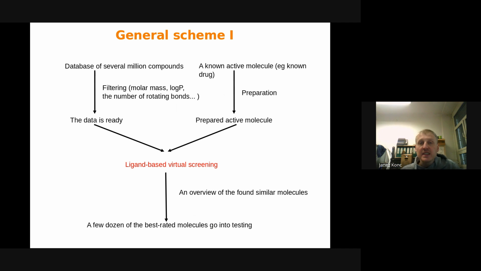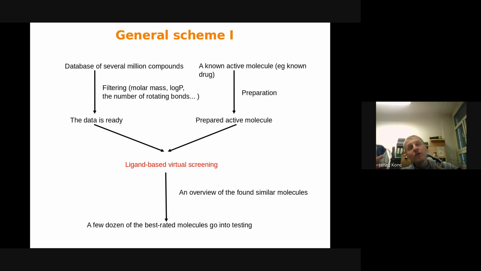So the virtual screening can take at least two different forms based on what starting material we start with. The first version of this virtual screening is ligand-based virtual screening, where we start with a database of several million compounds. Here we only have small molecules as a starting point.